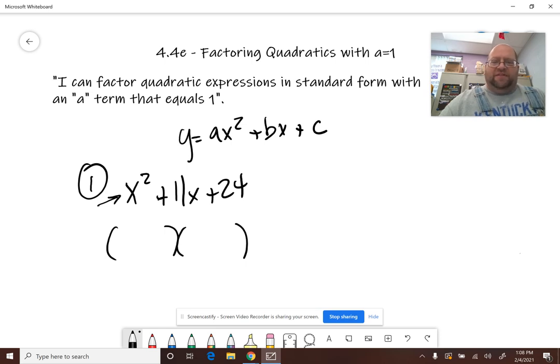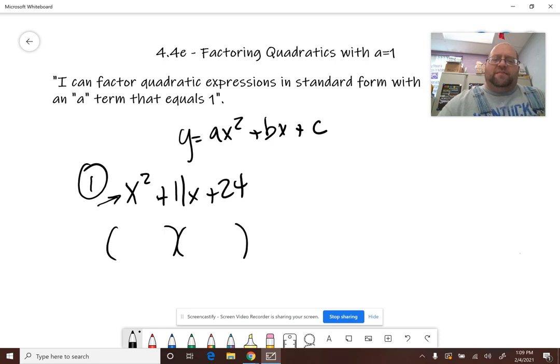So what you need to think about is how in the world am I going to come up with this, okay? And there's a couple of things we have to think about. First of all, how do I get x squared, okay? How do I get the term x squared? What's that really made up of?